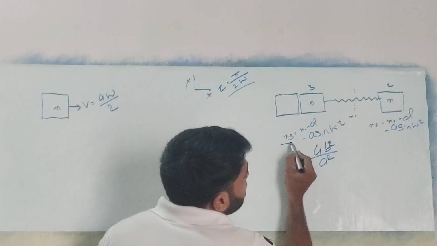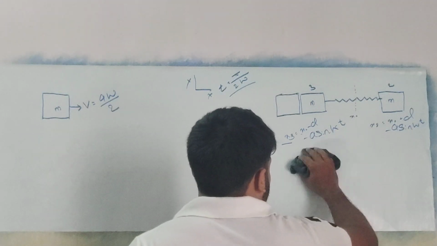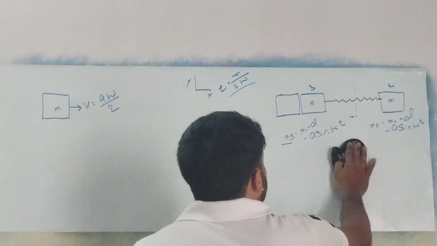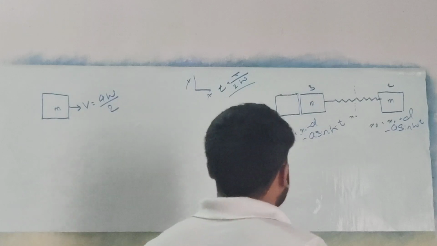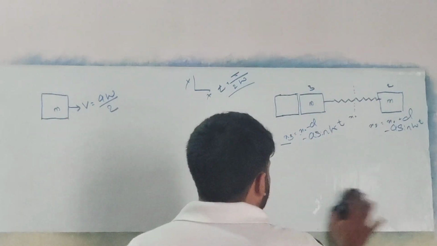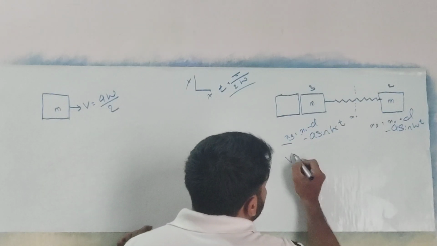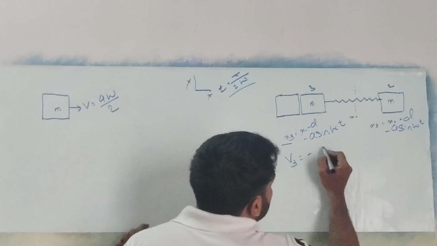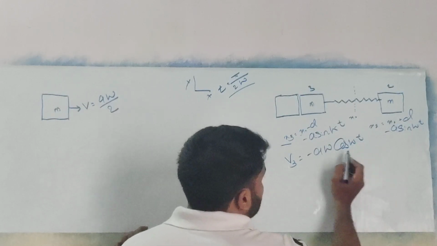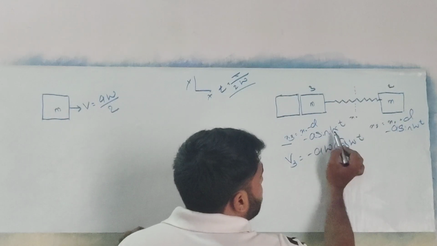So now we will differentiate this. Differentiating this, we get v3 is equal to minus a omega cos omega t, because these two are constants, so only the differentiation of this term happens.